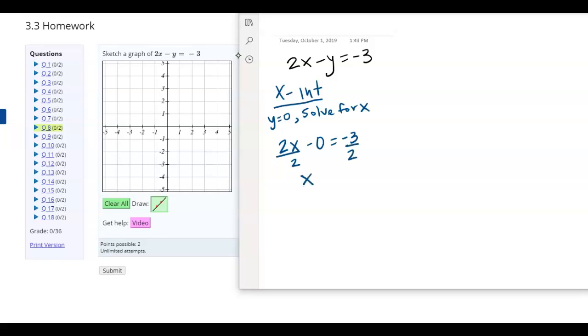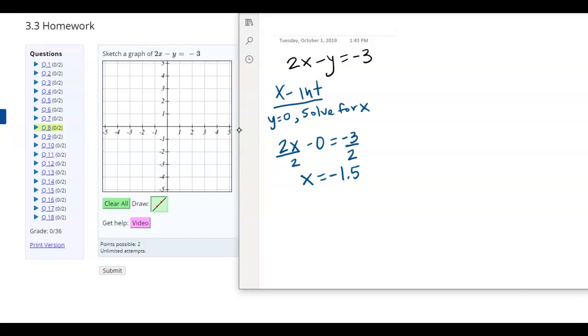So then I end up with x equals -3/2 or -1.5.